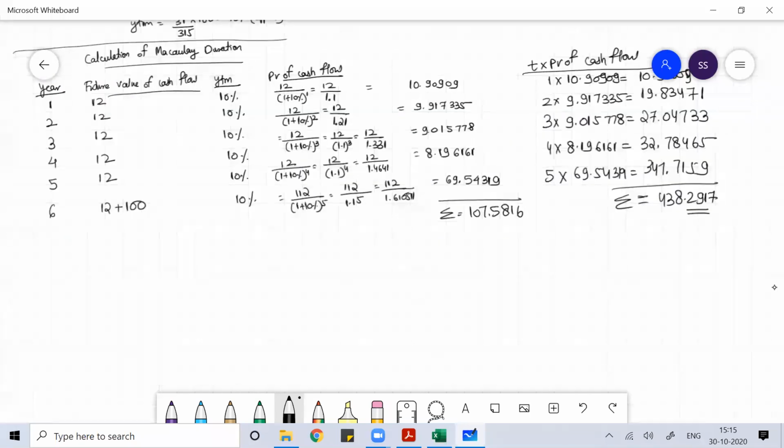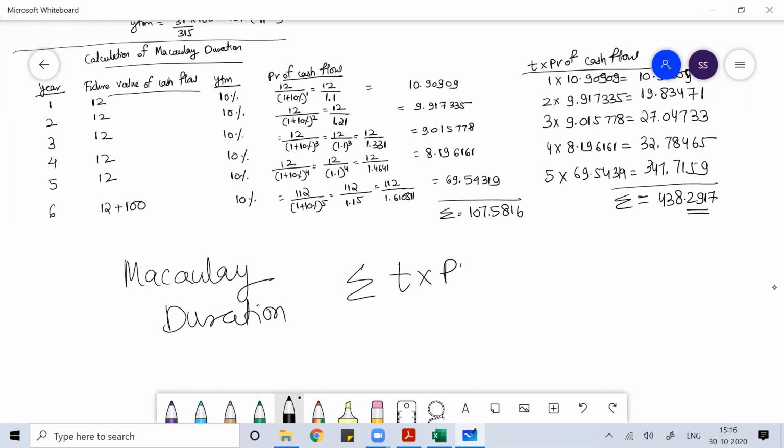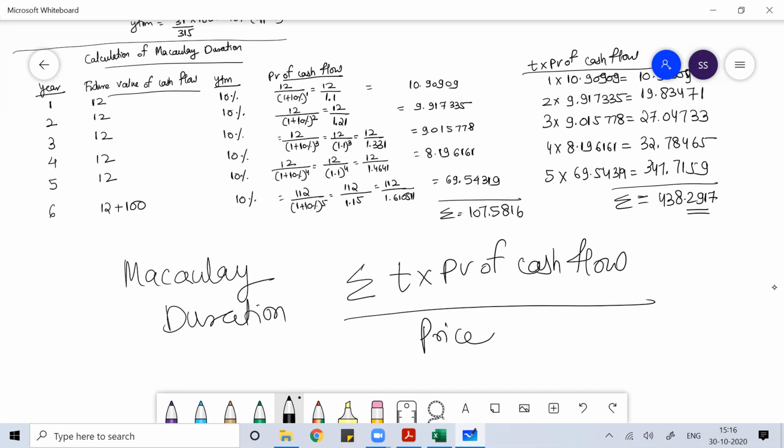Now, what is the formula of Macaulay duration? Whenever you have to find Macaulay duration, it is the sum of t into present value of the cash flow, divided by the price of the bond, where t starts from 1 to N, and N is the life of the instrument.